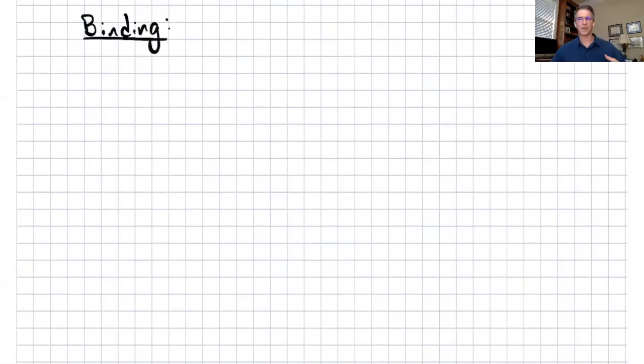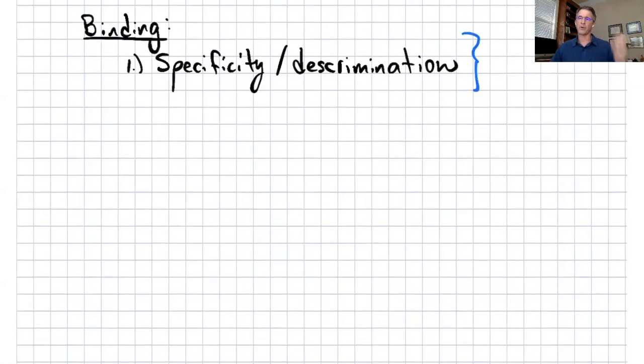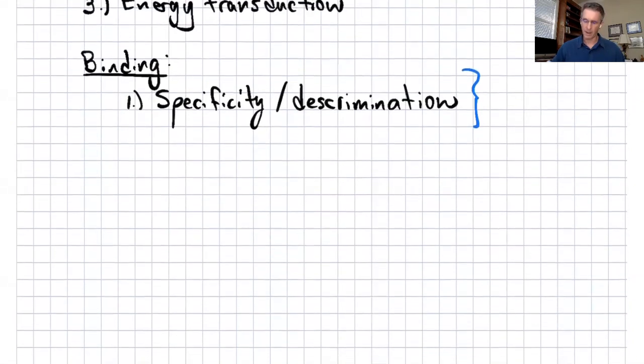The first are characteristics of the kind of binding we're going to be thinking about. The first is this idea of specificity, or put it another way, discrimination. If you want to know what I mean, think back to that example I gave you guys with that protein that runs that glucose 6-phosphate reaction we haven't talked about yet, and I pointed out that that protein is really good at discriminating between ATP versus GTP.